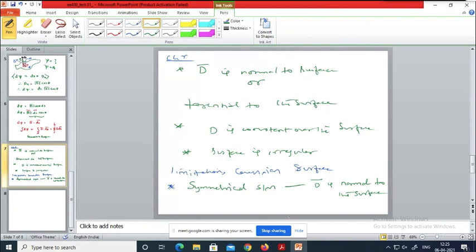So Gaussian surface means you will be getting the lines of force or flux lines perpendicular to the surface. When it is not normal to the surface, then you can claim that it is an unsymmetrical system. So you will have to find a symmetrical system.